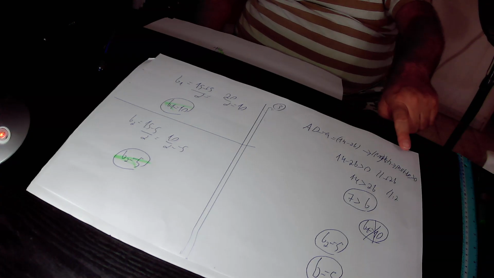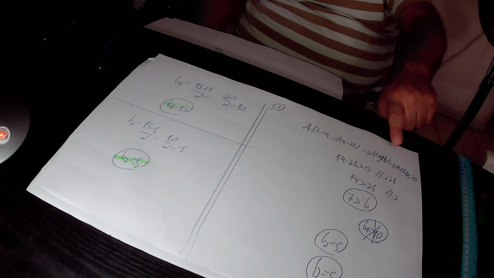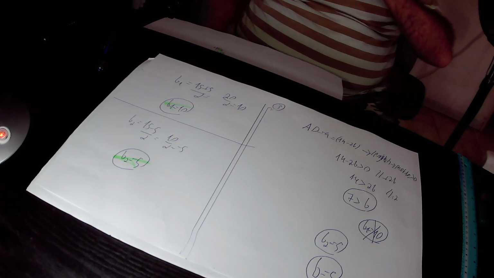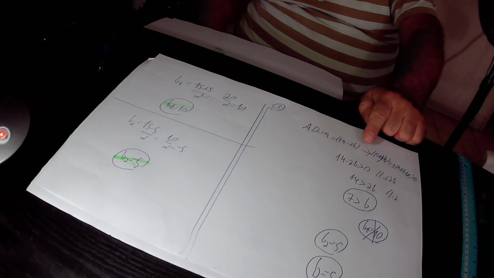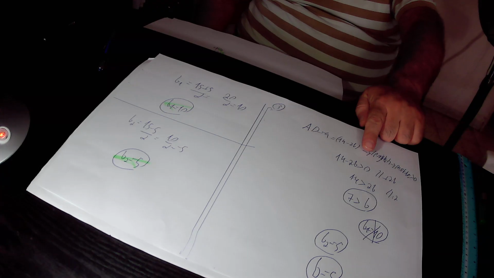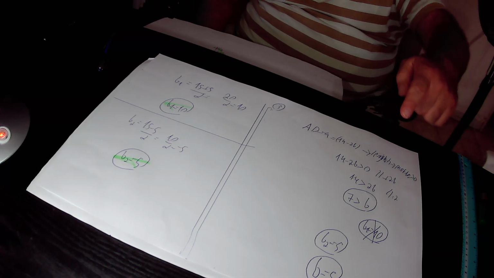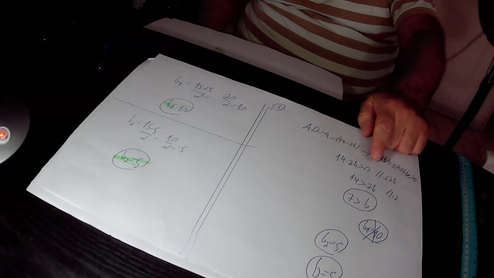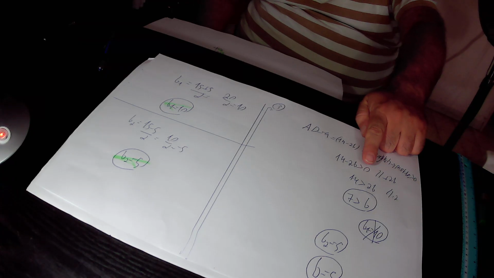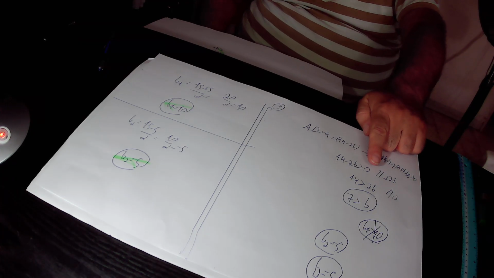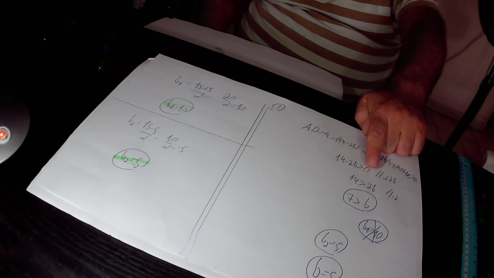So from this equation, we derive that 14 minus 2b is greater than 0. We added 2b to this inequality and found that 14 is greater than 2b. We divided this inequality by 2 and found that 14 over 2 is 7, and it is greater than 2b over 2, which is b.